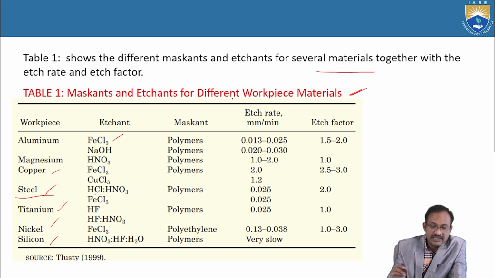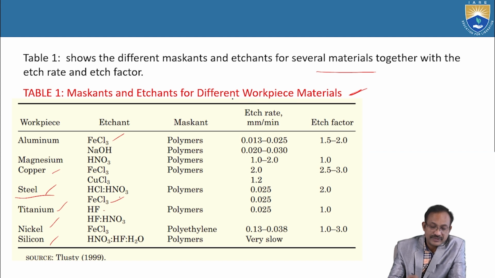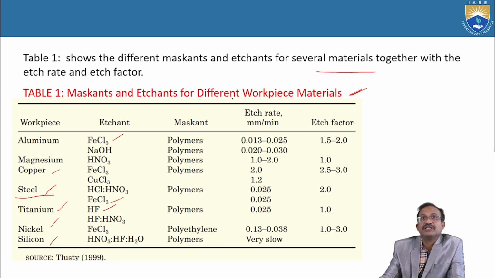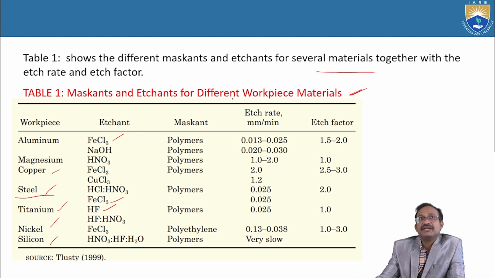For steel, HCl, HNO3, FeCl3. For titanium, HF and an HF-HNO3 combination. For nickel, FeCl3. For silicon, HNO3, HF, H2O. So these are the etchant materials for different workpiece materials.